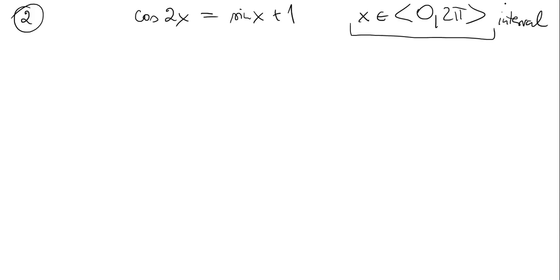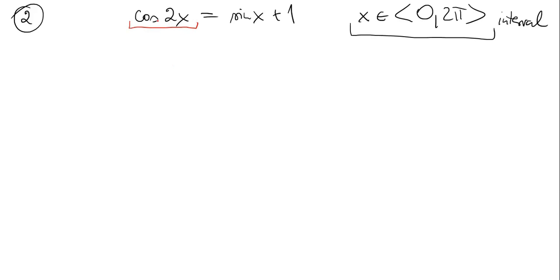Okay, and the second equation here is cosine 2x equals sine x plus 1. And here we have a much simpler situation, because we have a restriction for x. It's x belongs to the interval between 0 and 2 pi.